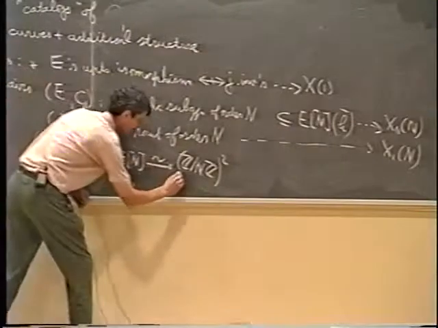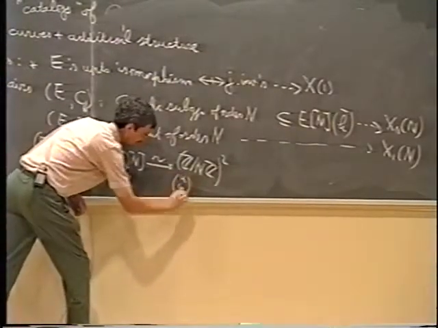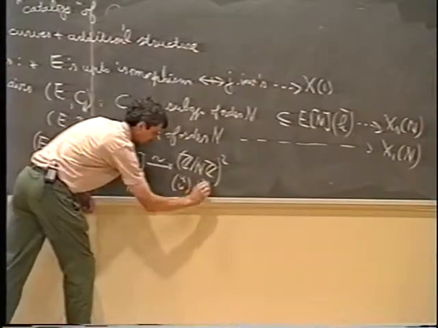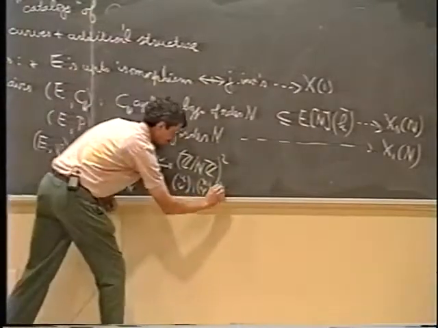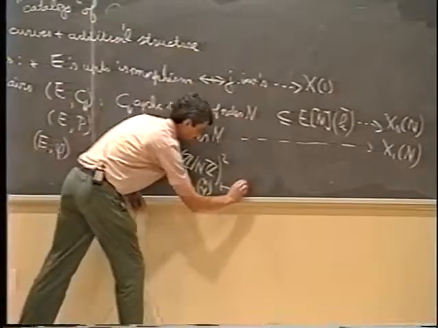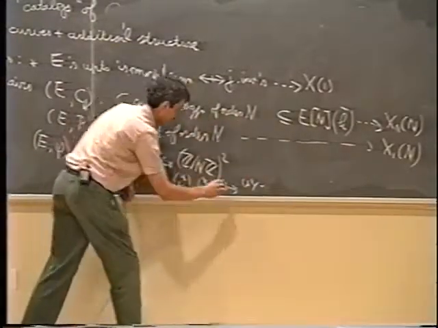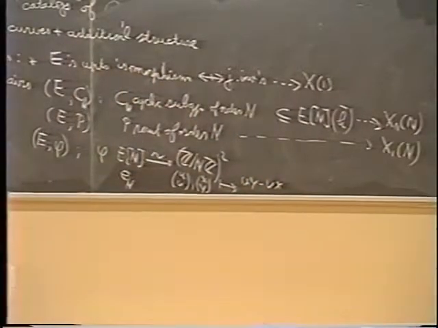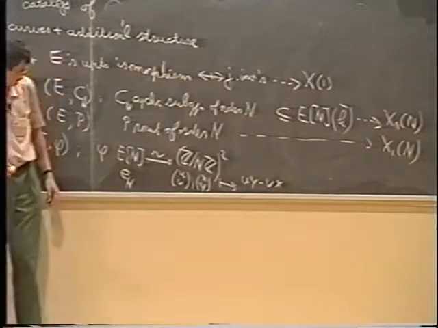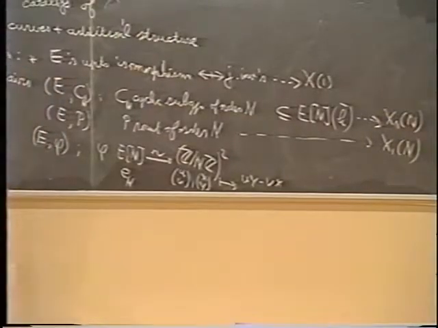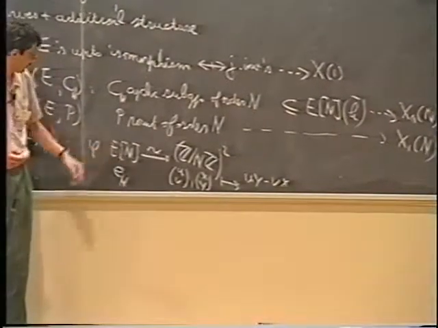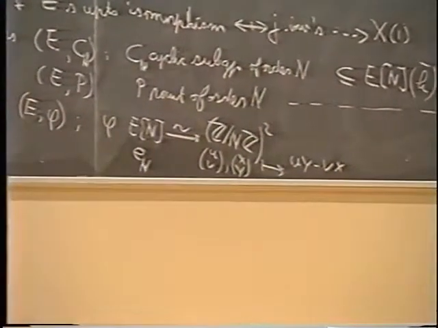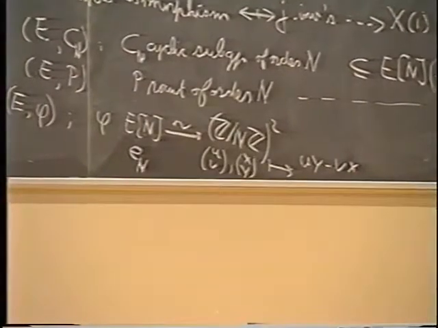For instance, we take the pairs (u,v) and (x,y) in Z mod n squared, and we can look at the pairing, say determinant, so u times y minus v times x. And then symplectic simply means that phi respects this pairing. So if I take 2 points here and take their phi images, they pair to the same thing as they did before.